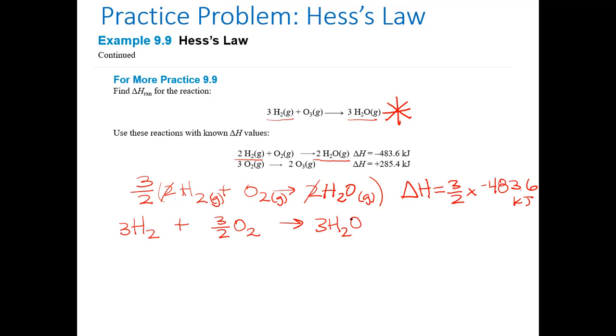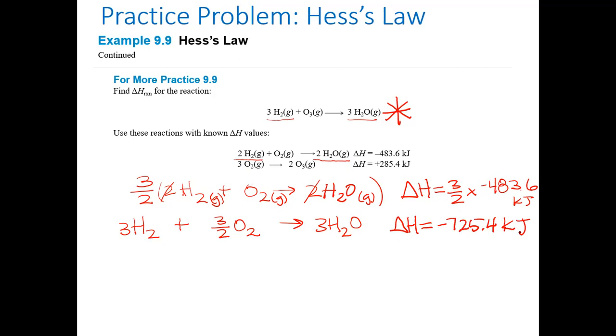Let's go ahead and do 3 divided by 2 times negative 483.6. So my delta H becomes negative 725.4 kilojoules. Okay, now we can deal with that next equation.